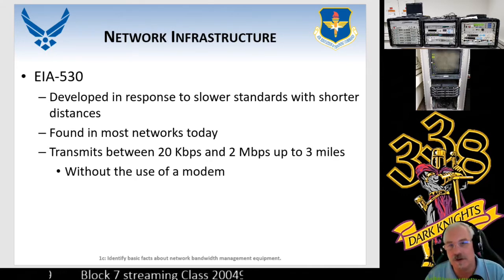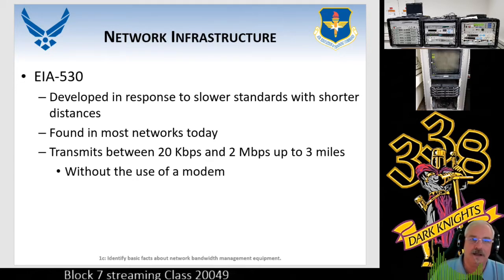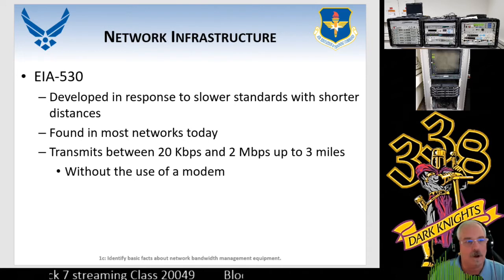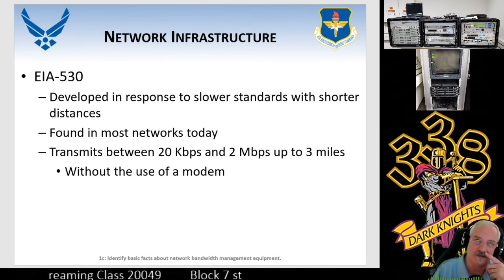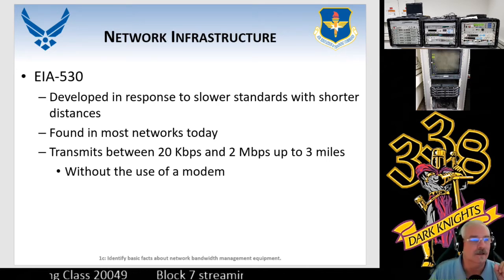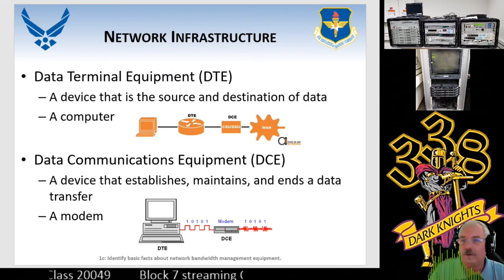You'll notice on the back of the NSM, some of those actually have the EIA 530. I think the HSSI ports have EIA 613, which is an upgrade. So we go from our balanced, unbalanced to EIA standards 232 Charlie to 530.